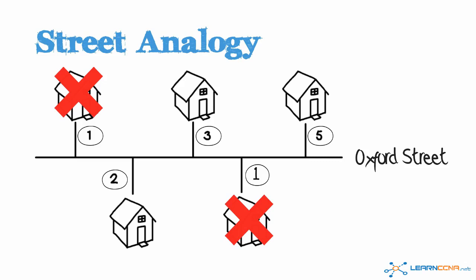In this example, we have 2 number 1 Oxford Street houses. Which house is the correct house? Now, that's not desirable. When you go to 1 Oxford Street, you want to make sure that you're going to the right house to meet your friends rather than going to some other house. And hence, house numbers need to be unique on a street, in a city, in the world.